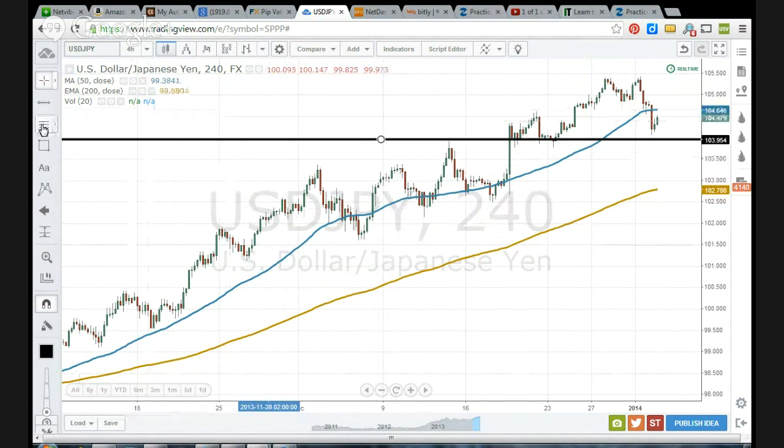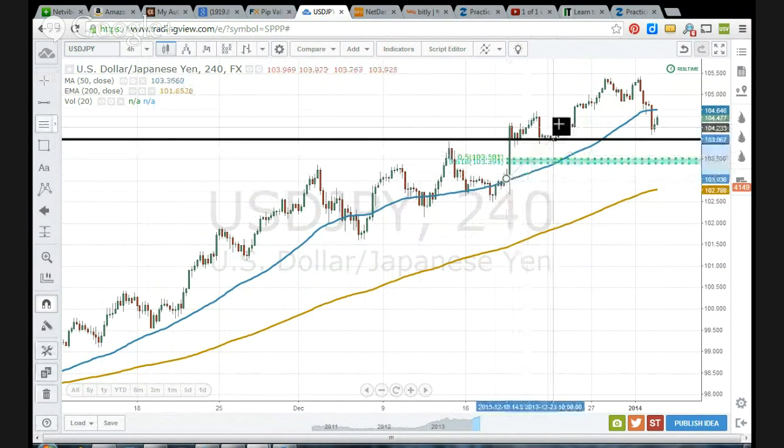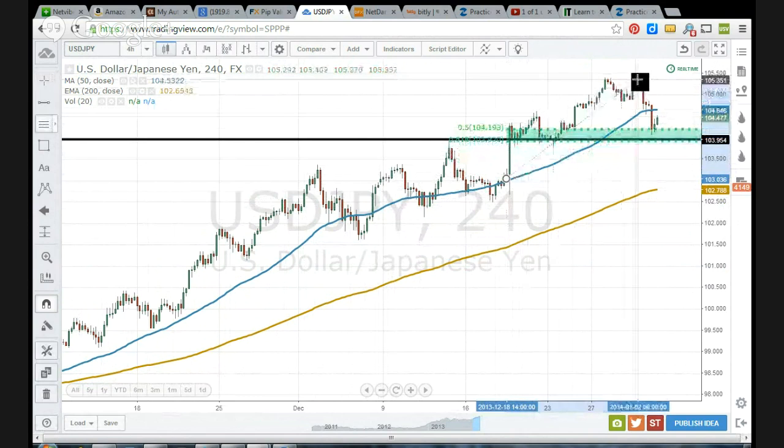And let me just draw some Fibonacci. Well, I missed this in yesterday's. I should have seen this. Definitely. There may still be an opportunity on this. Okay, enter at 103.95.